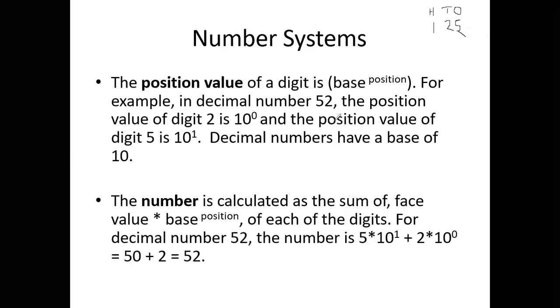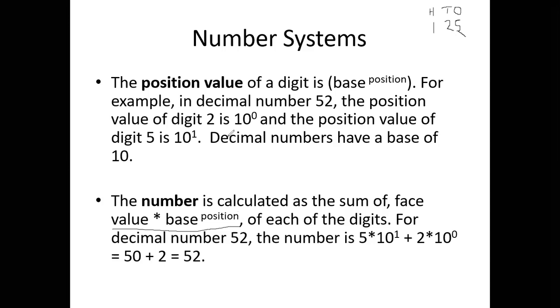So when you want to get the position value of a digit, the way we calculate is: the face value in that particular position multiplied by the base raised to the power of the position.